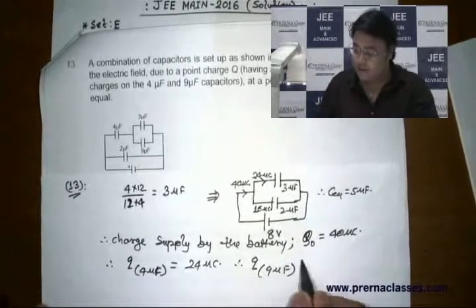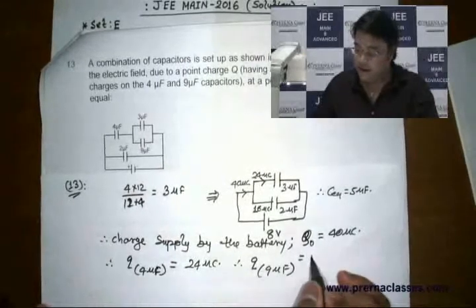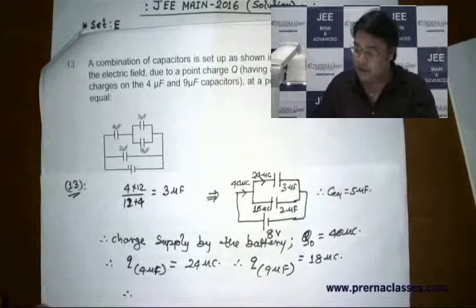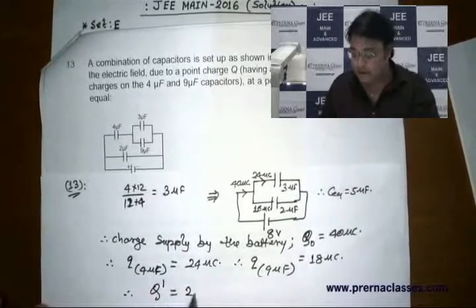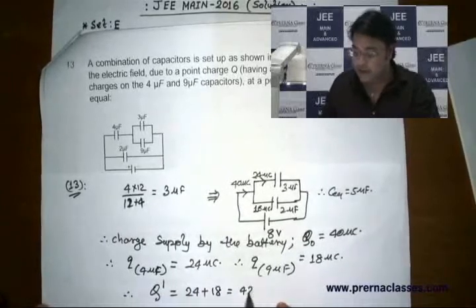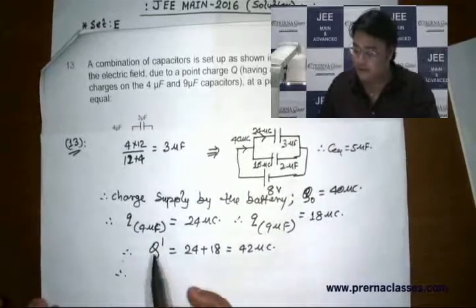So charge on the 9 microfarad capacitor, if you divide it in 1:3, comes to 18 microcoulomb. So what will be the summation of charge? Let us say that charge is Q dash. The required charge is 24 plus 18, so it is 42 microcoulomb.